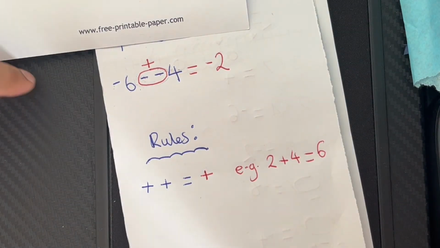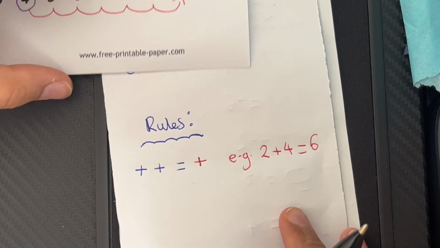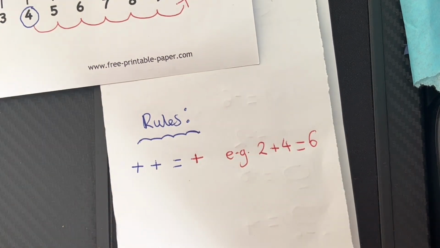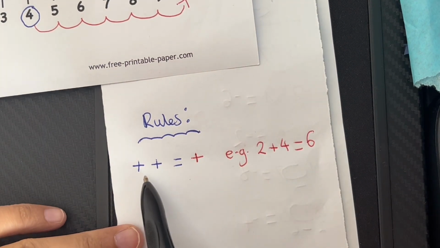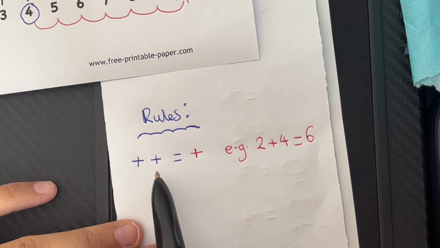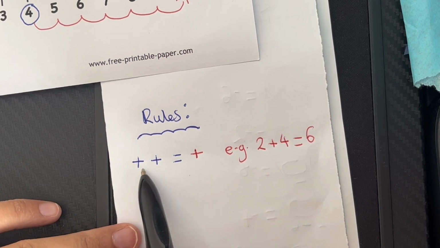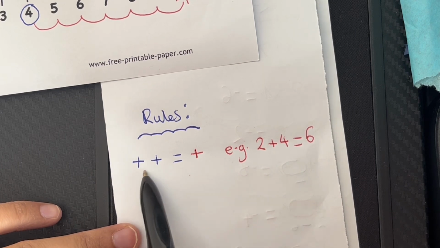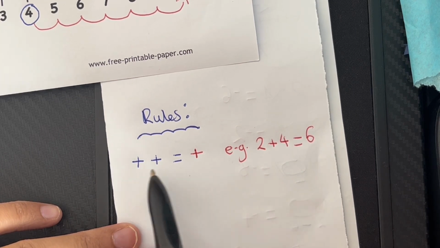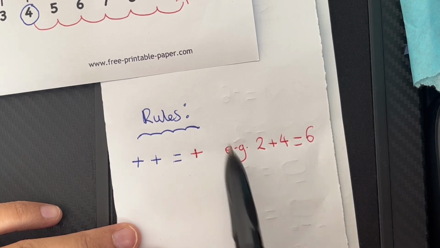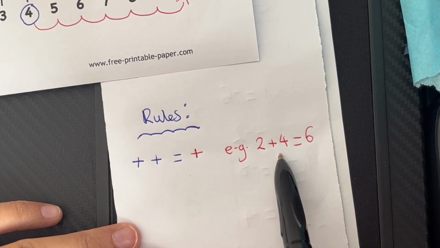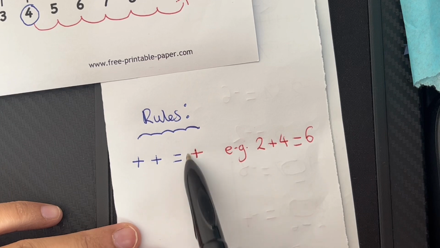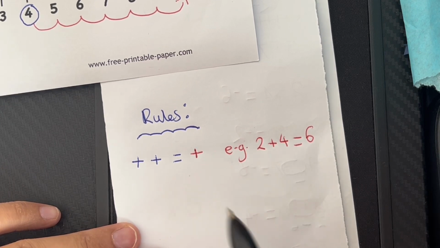So now I'm just going to be going through some rules with you related to directed numbers, and it's good if you note these down as they are quite handy. So if I've got 2 positive signs right next to each other, then the operation that I will be carrying out on the 2 numbers will be positive as well, hence I've written the red positive sign.